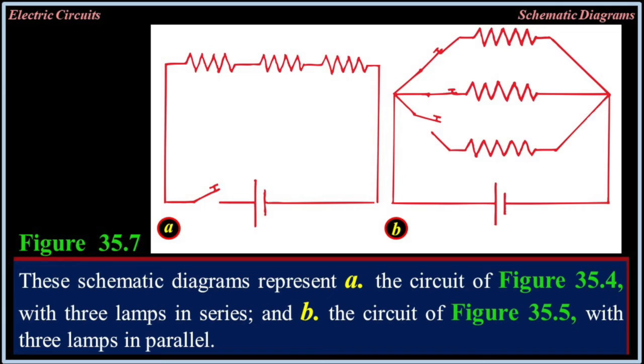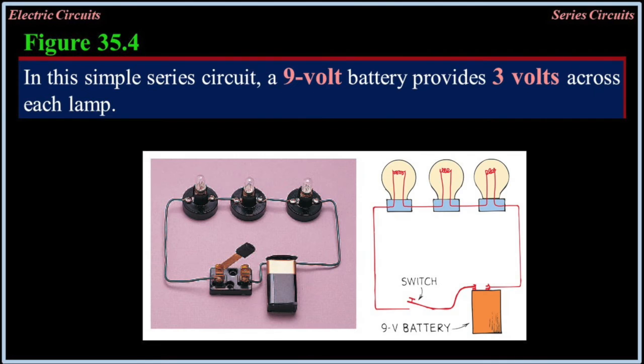Figure 35.7. These schematic diagrams represent A, the circuit of figure 35.4 with 3 lamps in series. This is a simple circuit. A 9-volt battery provides 3 volts across each lamp. All right, so that's the circuit, figure 35.4.